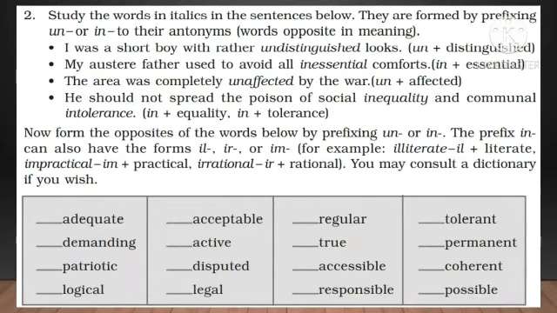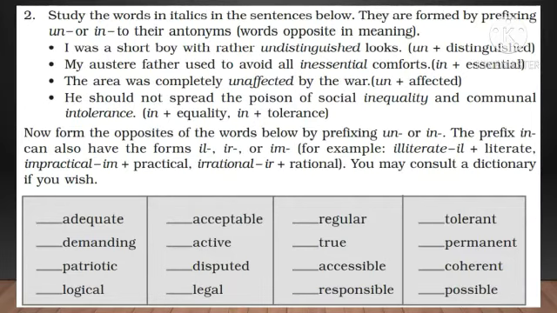For example, illiterate means il plus literate. Impractical, im plus practical. Irrational, ir plus rational. You can also get the help of your dictionary in order to prefix these words.